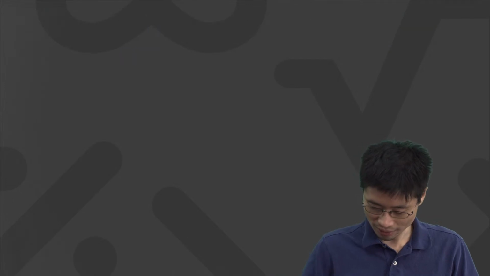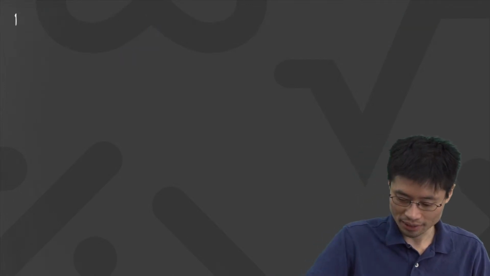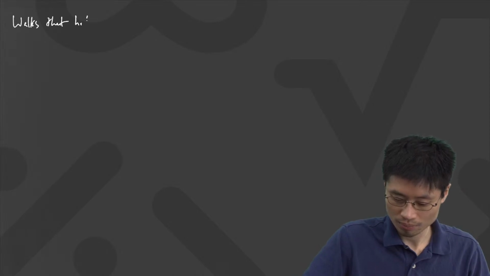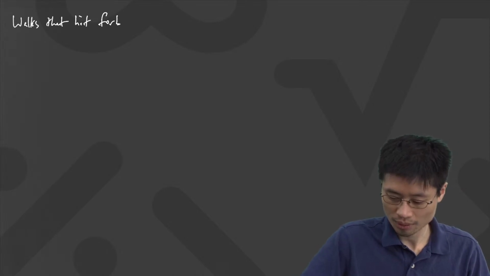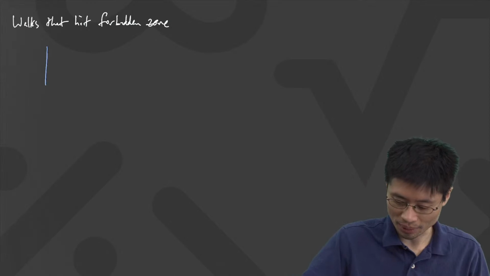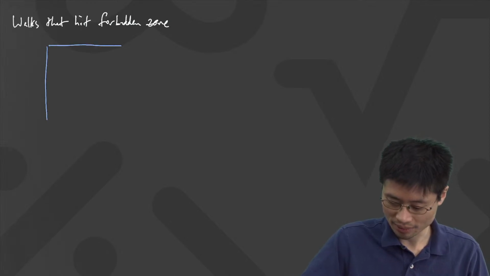All right? So now let's think about the walks that hit the forbidden zone. If I have a walk that's going to hit the forbidden zone, let me draw a picture. It's going to look like this.